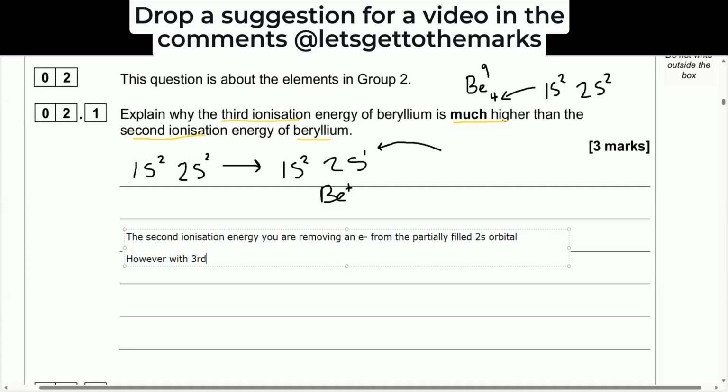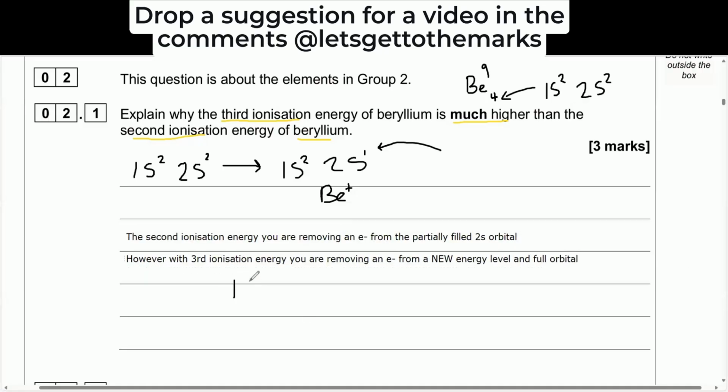Well, the reason why the third ionization energy is even higher, or there's a big jump, is because we're breaking into a new energy level. We're going from 2s1 to 1s2. So it's at a much lower energy level, and it's closer to the nucleus. And obviously, there's no shielding now because we've removed that second energy level, which was shielded by the first energy level from the nucleus.